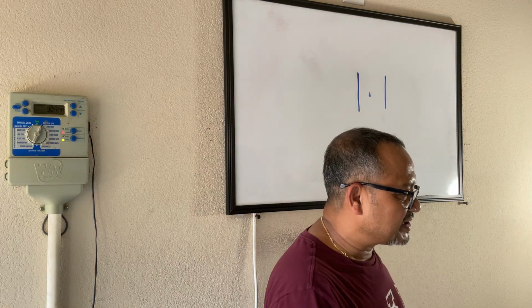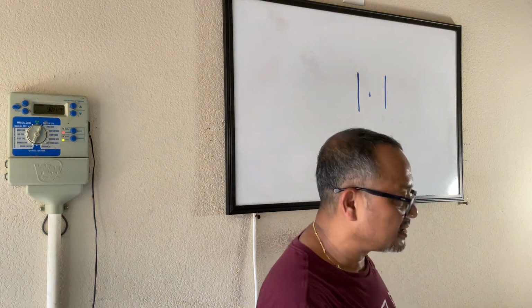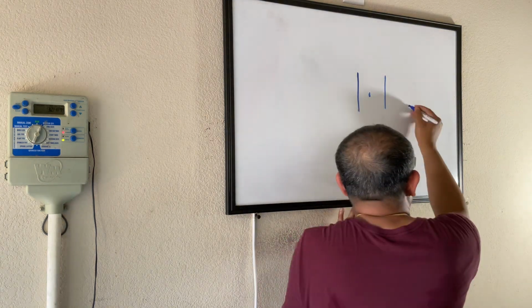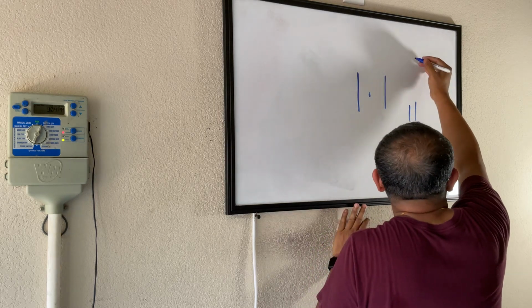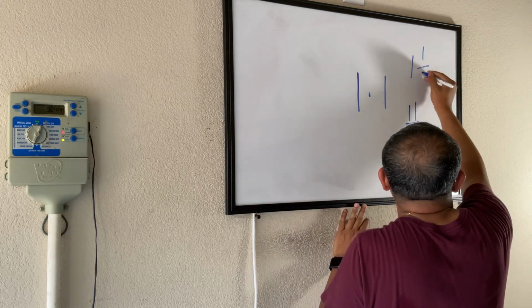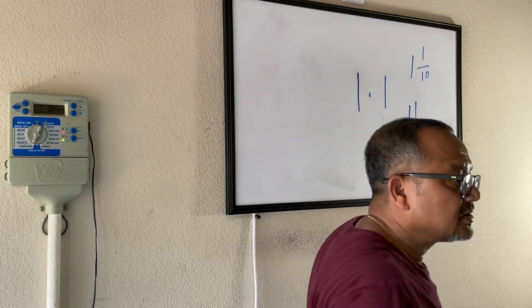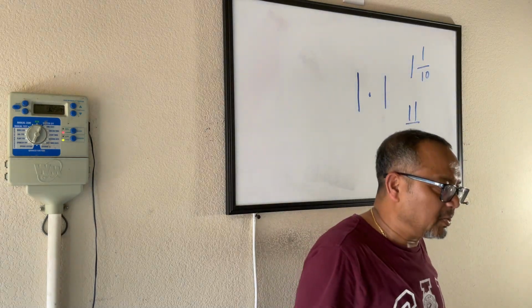Let's see what Ved has to say. What are the different ways you can write? You can do it 11 over 10. Okay. And Kian said you can write this as 1 and 1 over 10 also. What are the other ways?